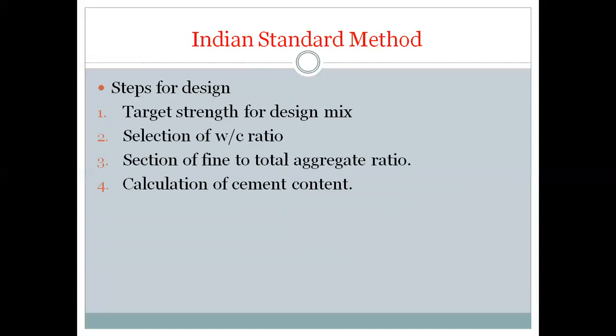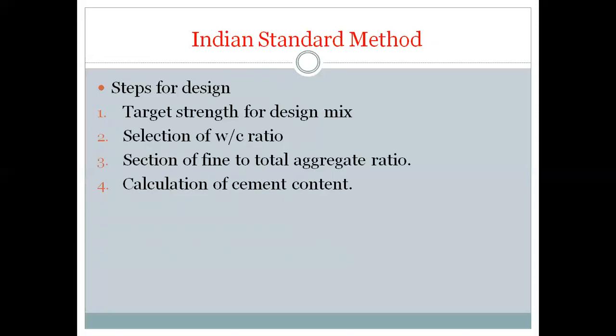We have to calculate this quantity such that there will be a uniform mixture and it will not have an adverse effect like segregation or bleeding, etc. So we have to select the quantity of the fine aggregate or total aggregate depending upon the grading of the concrete.